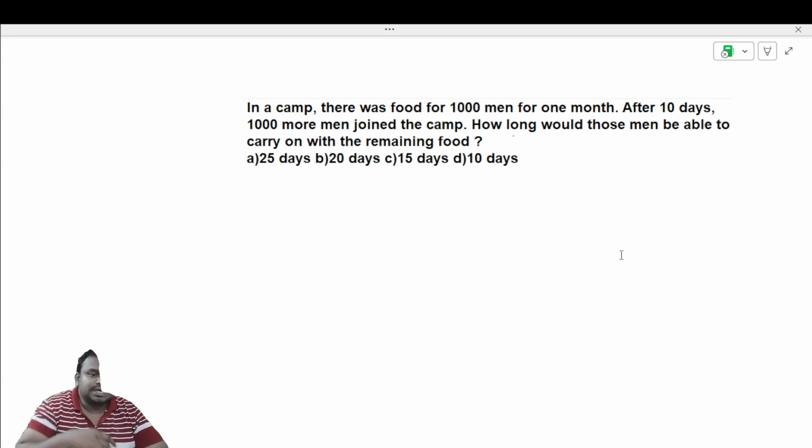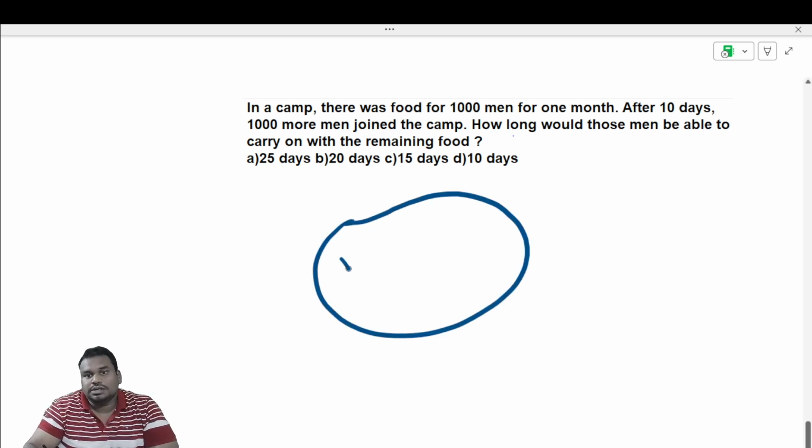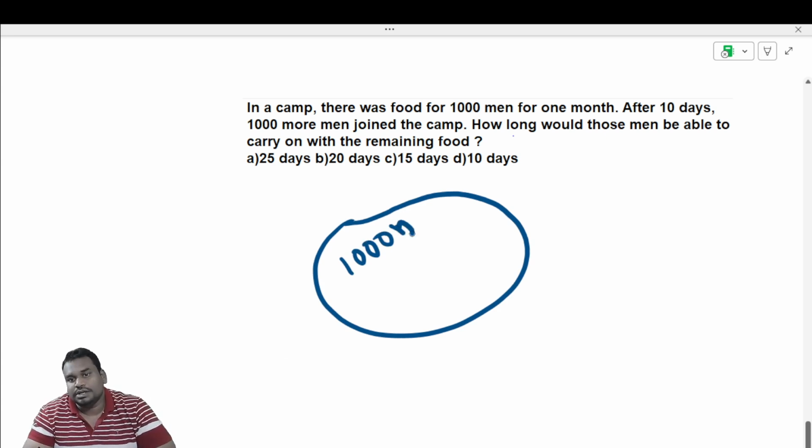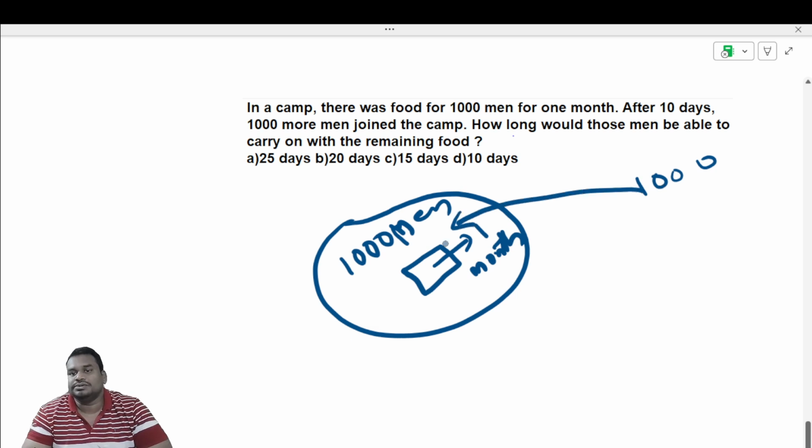See, there is a camp. So in this camp, there are already 1,000 people. Okay, 1,000 men are there already. And they have some sufficient amount of food here, that this can be used for 1 month. What happened? Some extra 1,000 men were added to this camp.